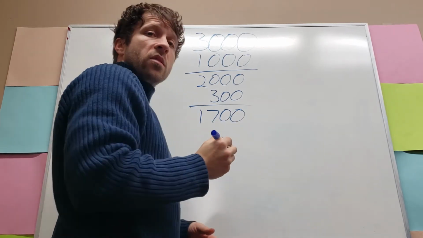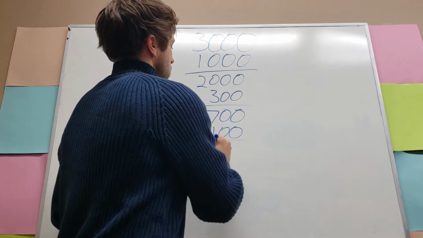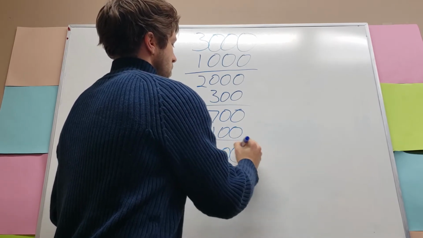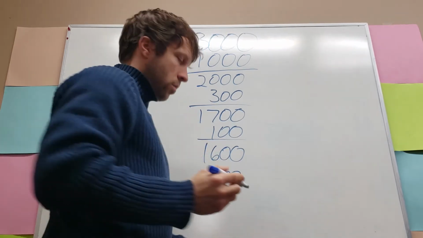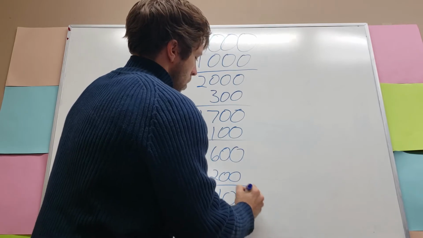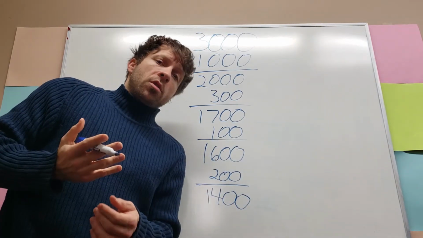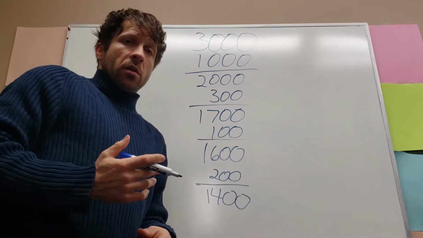Any other fixed expenses? Let's say you have to pay for internet. That's $100. $1,600. Say your phone bill. It's $200 for your cell phone. I'm down to $1,400 in my example, and hopefully I've paid all of my fixed bills.